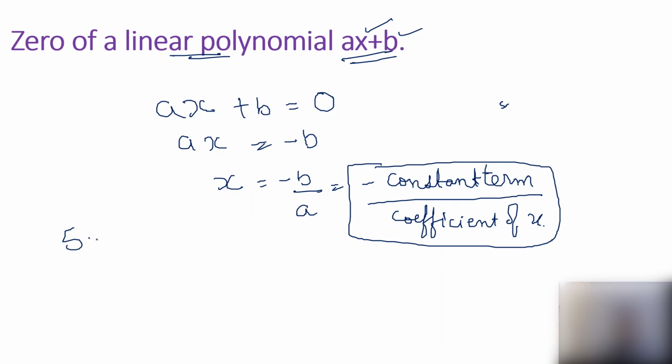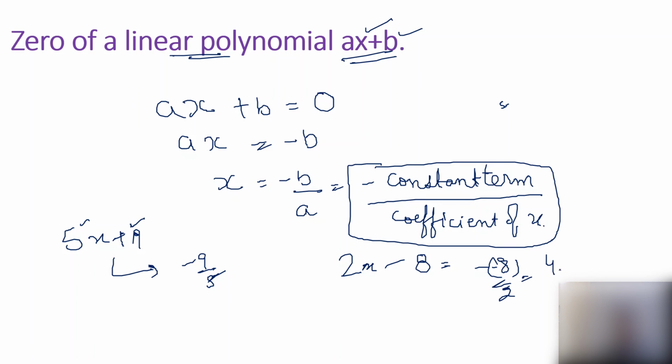Similarly, you can find the zero of this polynomial, that is equal to minus 9 by 5, that is minus b by a, or you can say negative of constant divided by coefficient. Similarly, try to find this zero, and this is equal to minus of minus 8 divided by 2, that is equal to 4.